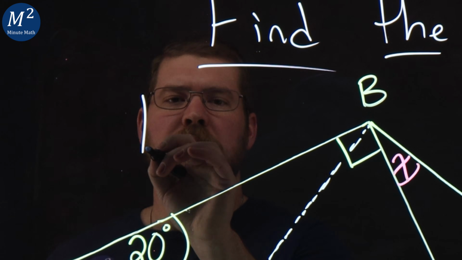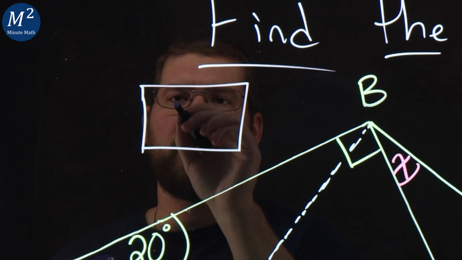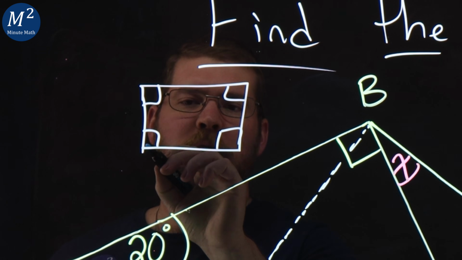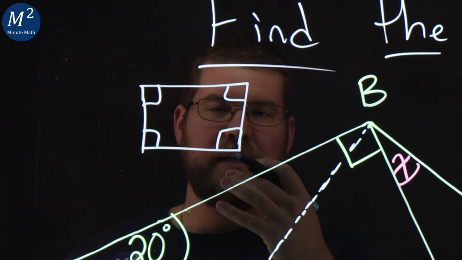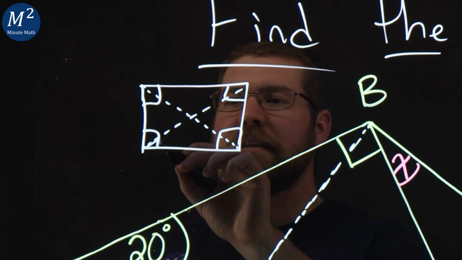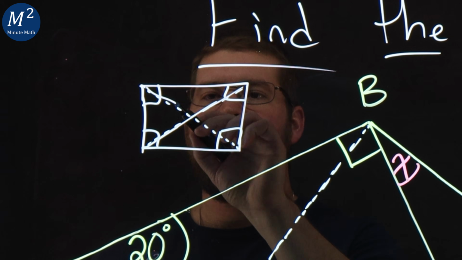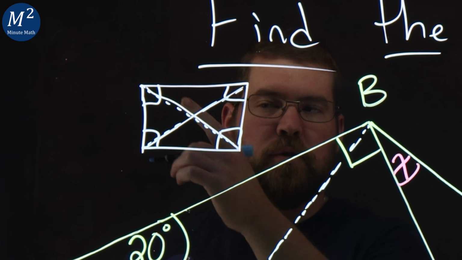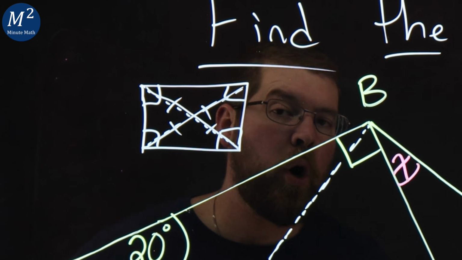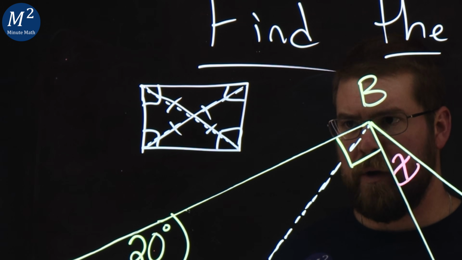If I draw a little rectangle right here, and connect the opposite angles, we see that they intersect each other, and actually they bisect each other, these two lines from the opposite corners, and they're all congruent.